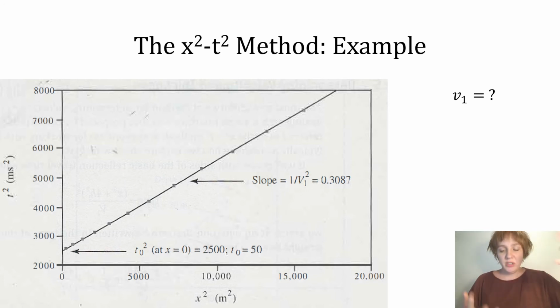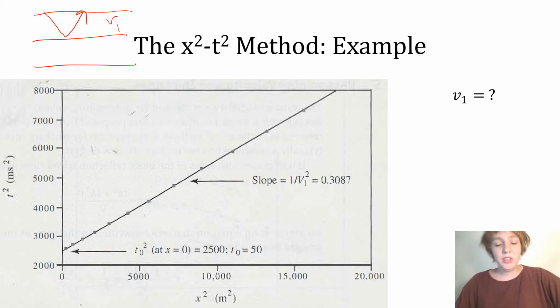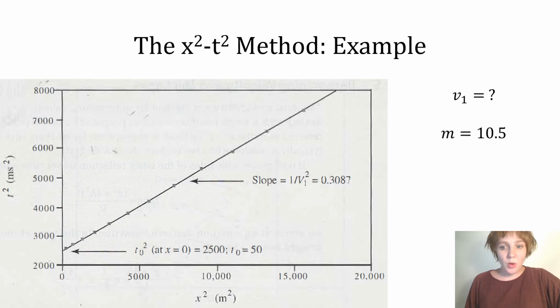So the first layer, if you have reflections like this, we're talking about the first layer, the velocity of that first layer. So how do we determine that? It's 1 over the square root of the slope.